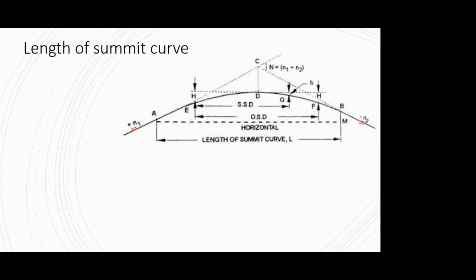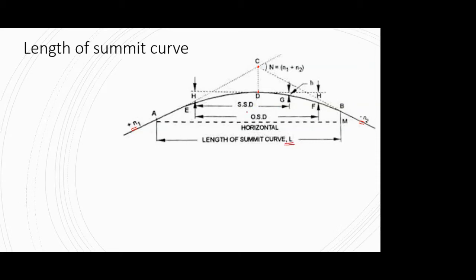They intersect at this point C, and for these two intersecting gradients we have to design a summit curve. This is the summit curve ADB, the solid black line you can see, and it is a parabolic curve. Now we have to find out what should be the length L of this summit curve.